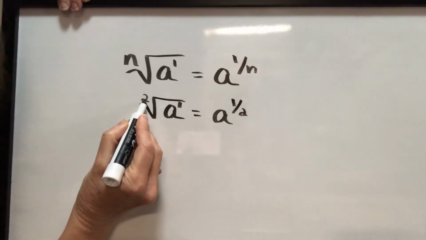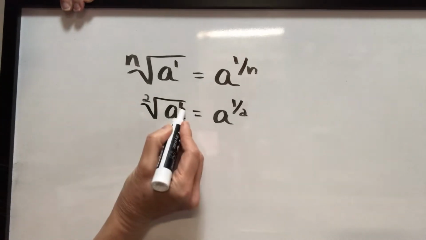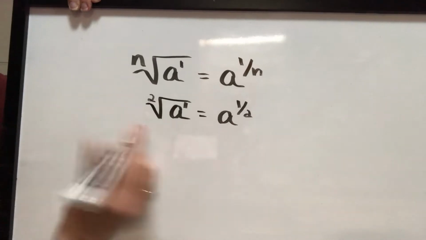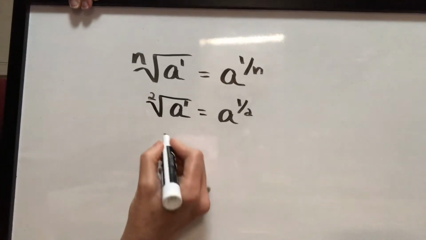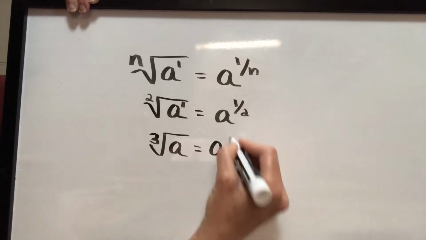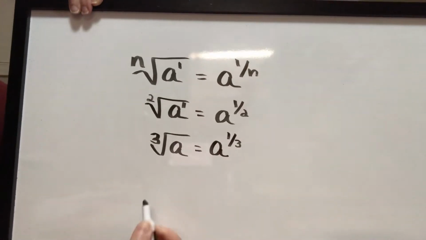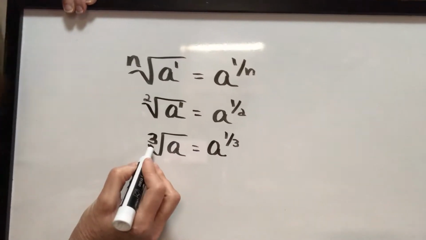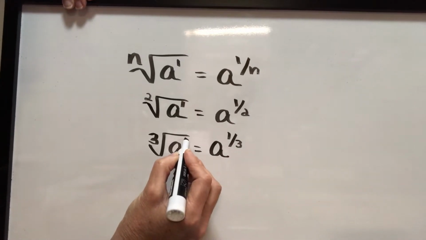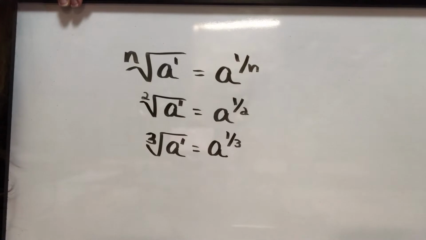The 2 comes from the fact that it's a square root, and the 1 comes from the exponent. So 1/2. Okay, so if you see something like the cube root of a, that would be a to the 1/3 power. The 3 comes from the fact that it's a cube root, and the exponent comes from the fact that this is the same thing as a to the first.